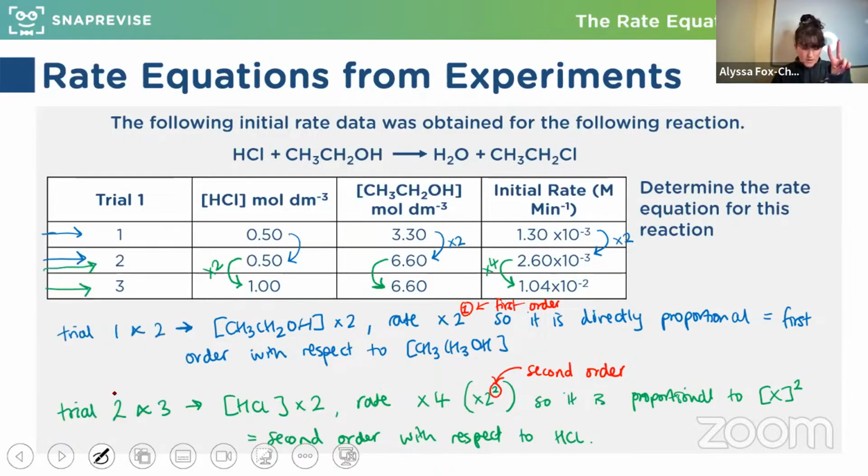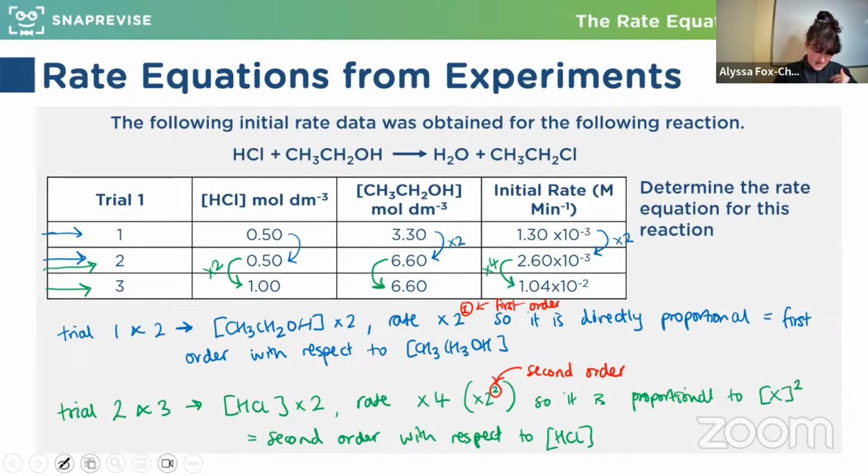They are our only two reactants. So yes, exactly. If it's cubed, it means third order. If the relationship is something cubed bigger, it means third order. Exactly. So second order with respect to the concentration of HCl.